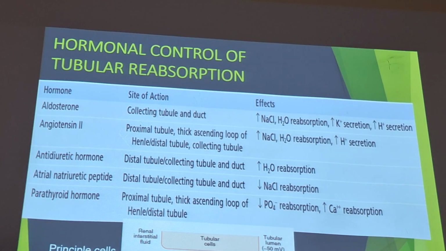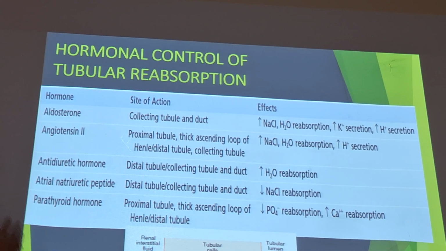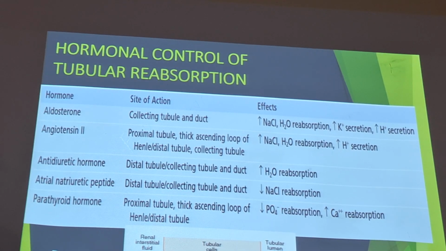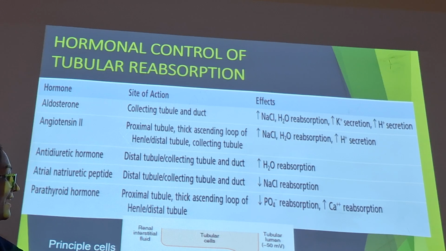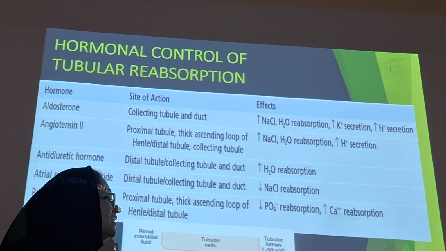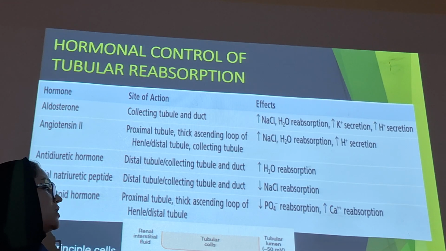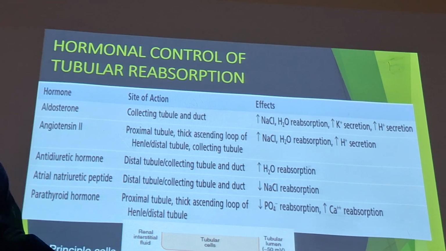Do you remember principal cells in late distal tubule and cortical collecting duct and tubules? Okay, it increases the activity of sodium potassium pump, and in turn it increases sodium reabsorption and potassium secretion. Got it?